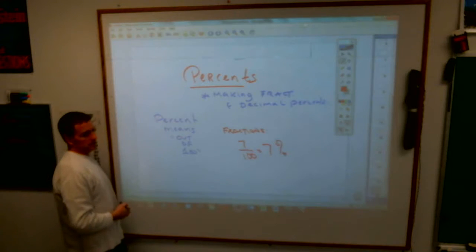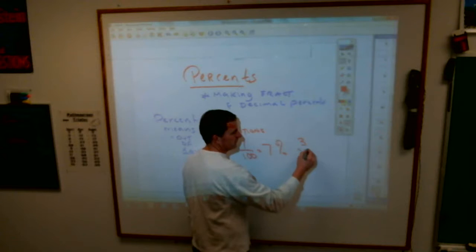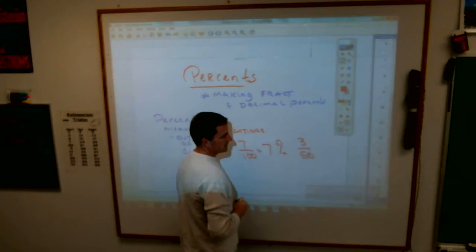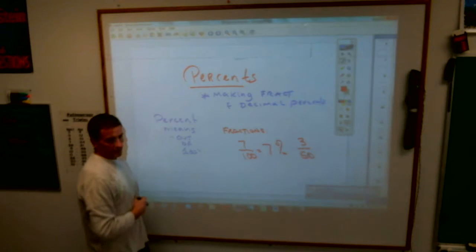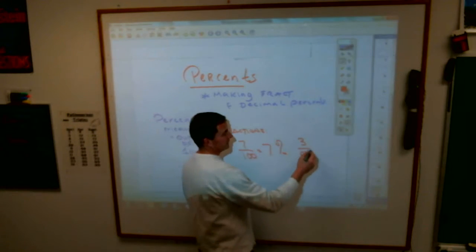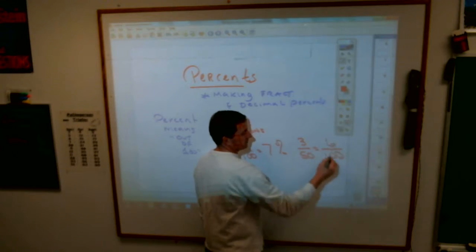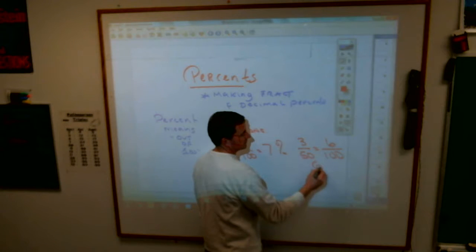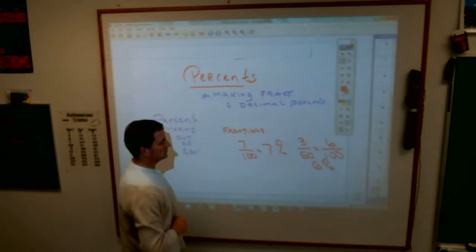But if it's not over 100 right now, what if it was 3 over 50? That's not over 100, but you should be able to figure out what that would be because you can make it over 100 by doing what, Abram? Doubling it. This becomes 100. This becomes 6. So your percent is 6% because it's 6 out of 100.